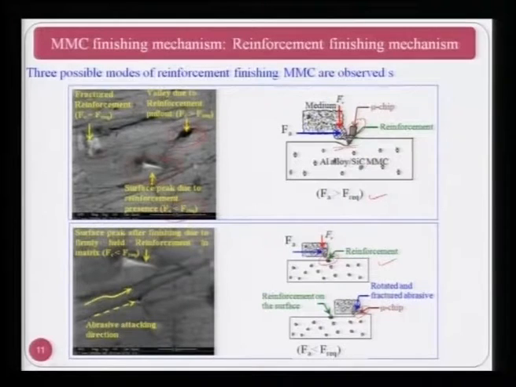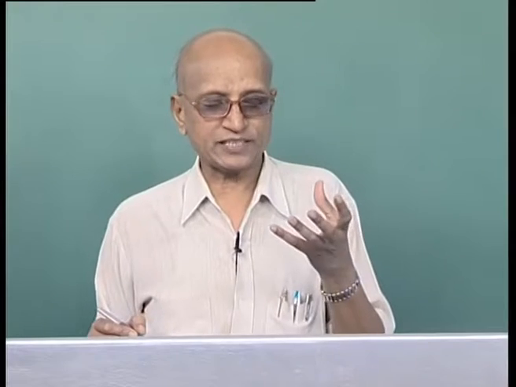Now the abrasive attacking direction is shown in the last figure, and you can see some valleys where pull out of the abrasive particle or reinforcement has taken place, or depending upon what kind of obstruction. Here the reinforcement is there, so the abrasive particles of the medium have changed their direction of motion. That is how material removal in metal matrix composite really takes place, and it is quite complicated compared to simple alloys or other materials.